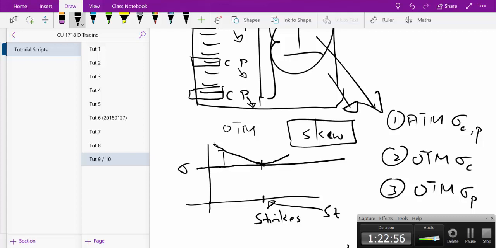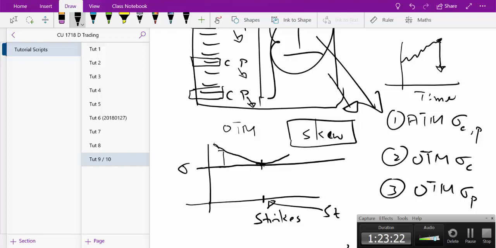Well, what does out of the money mean? For out of the money puts, the price is here. For put options, you want to know what the chance is that it suddenly does something very, very dramatic.